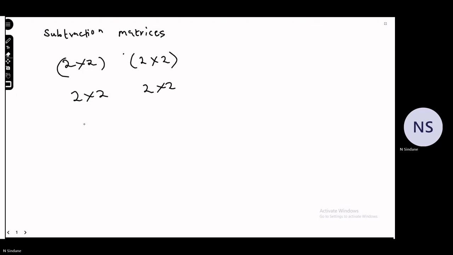Cannot be subtracted, simply because they are matrices of different arrays. You cannot add or subtract matrices of different arrays. I hope that makes sense.